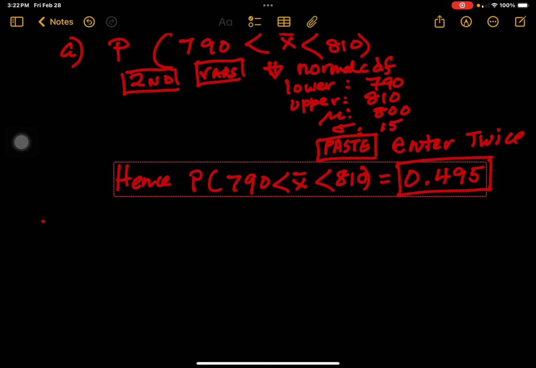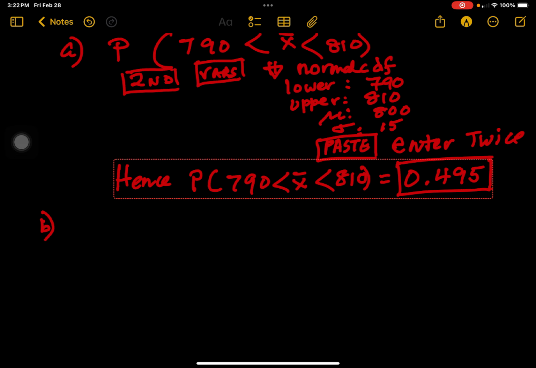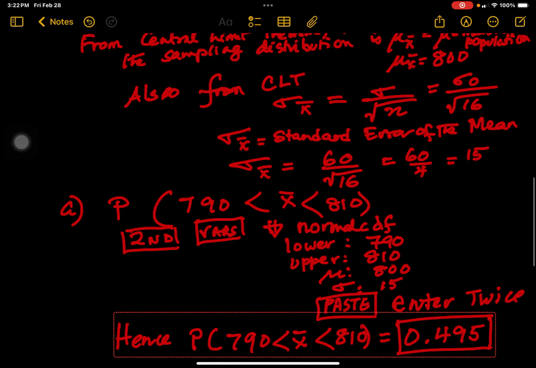Just to summarize, what I did is I found out the mean of the sampling distribution is equal to the mean of the population, and the standard deviation of the sampling distribution, which is also called the standard error of the mean, is the standard deviation of the population divided by the square root of n.